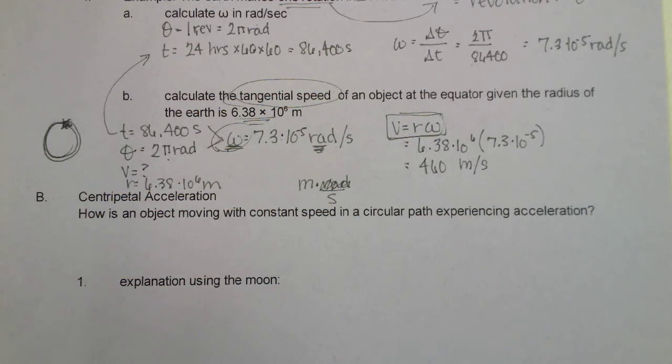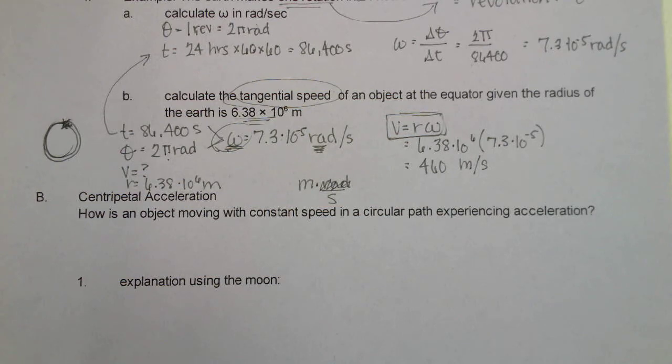If I'm moving at a constant speed in a circular path, how can I also have acceleration? I want you to pause the video, actually stop it, and think about this. I want to see if you can come up with the idea of where I can get acceleration with constant speed. Pause it.